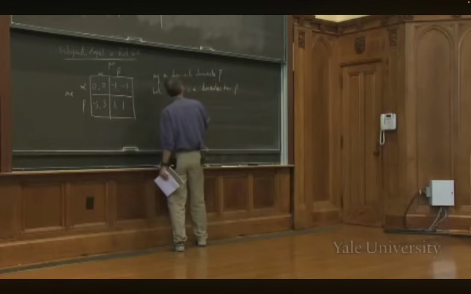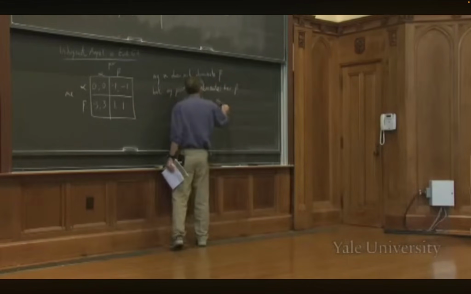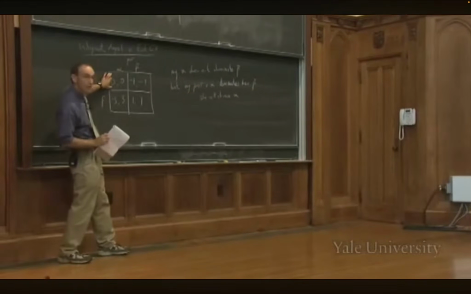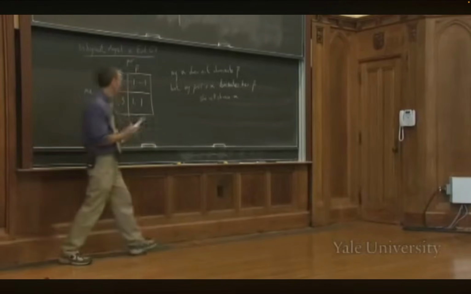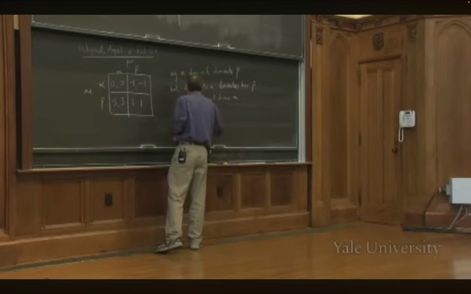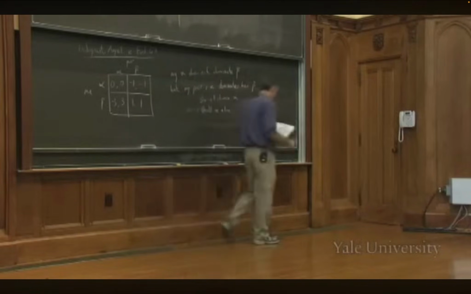So she will choose alpha, and once I know that she's going to choose alpha, it's clear that I should choose alpha and get 0 rather than beta and get -3. So I should choose alpha also.